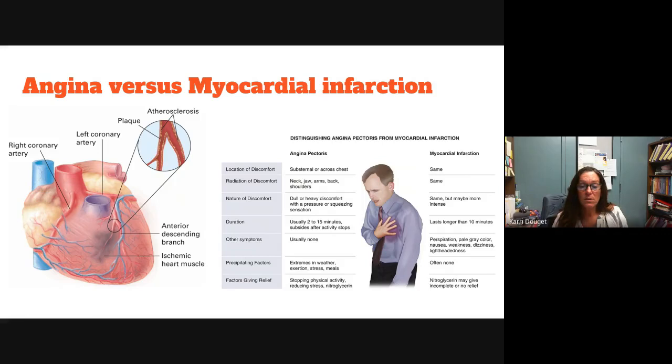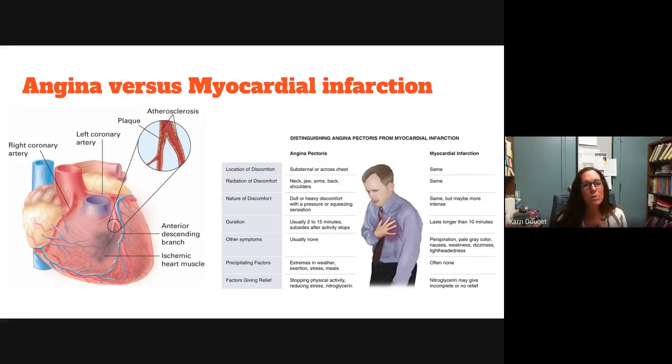So if you look at the difference, you have this picture in your book as well, on page 531, the comparison factors between angina and MI. They're really and truly the same until you get down to the fact that if you walk in and your patient is sweating and they're kind of gray, pale, clammy, we're not angina anymore.